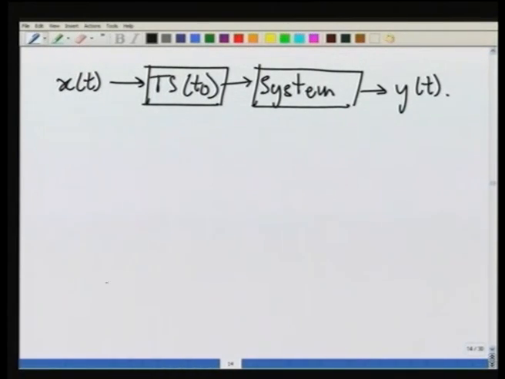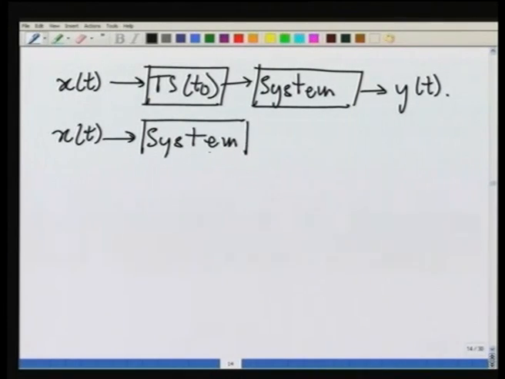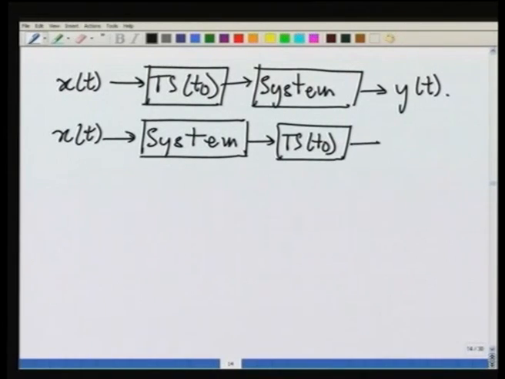The alternative thing to do is to exchange these two systems in the order of application. To get x(t) applied to the system first, then applied to the output of the system Ts of t0. This is the second manner in which we can apply the two systems on x(t), first the system then Ts of t0.